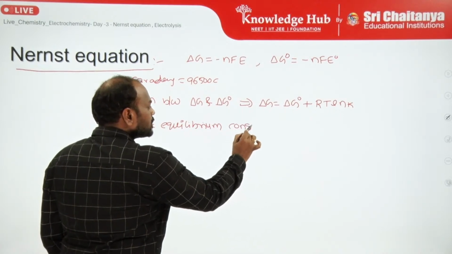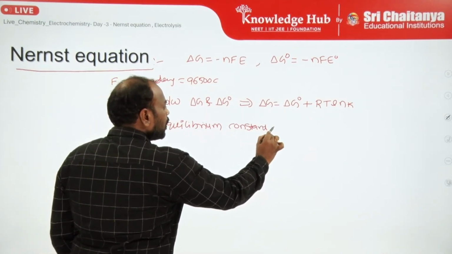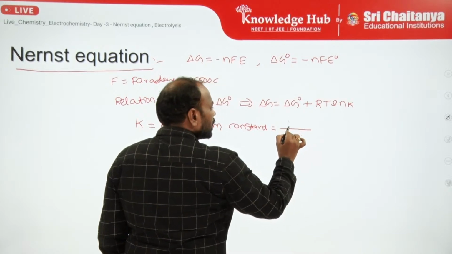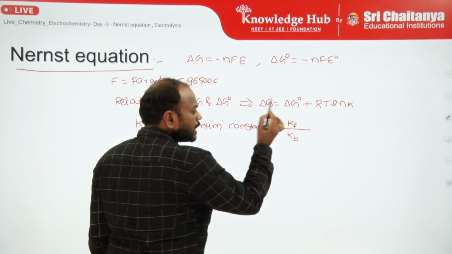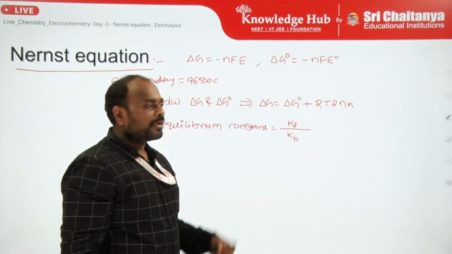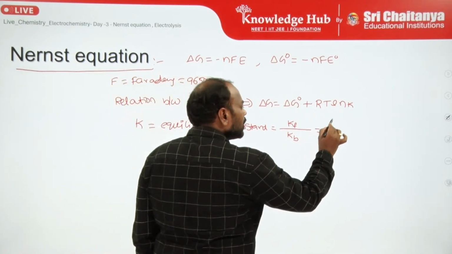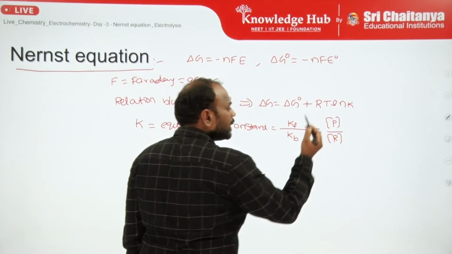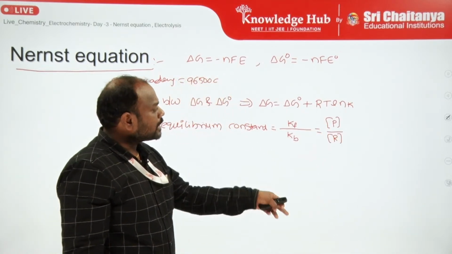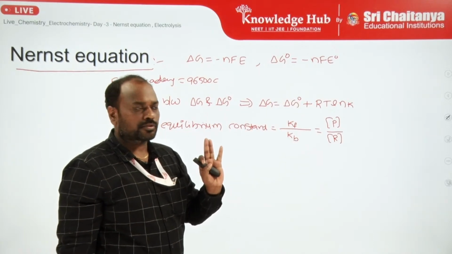Equilibrium constant means the ratio of the rate constant of the forward reaction to the rate constant of the backward reaction. By solving this, what do we get? Concentration of product by concentration of reactant. We can substitute this value in place of K also.